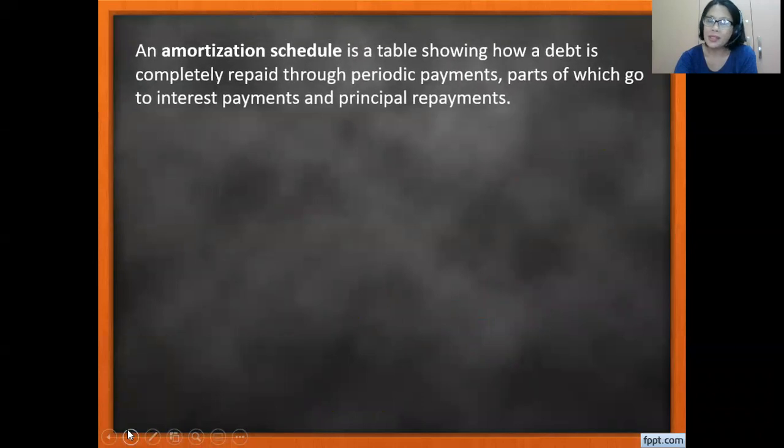Now, an amortization schedule, class, is a table showing how a debt is completely repaid through periodic payments. So part of which go to the interest payments and the other goes to the principal repayments. In large companies, of course, they make use of an application, amortization calculator, to work on the progress of the payment. So for now, we're going to use calculator.